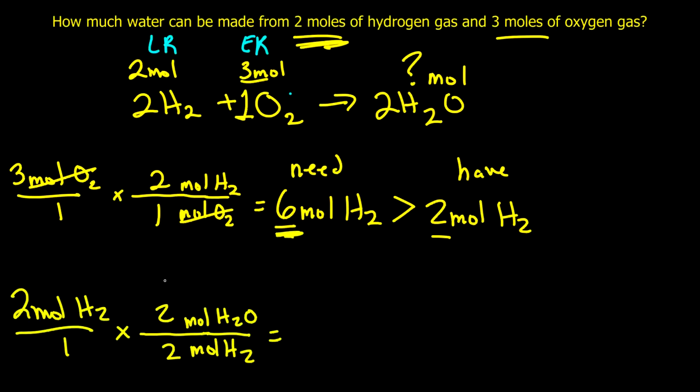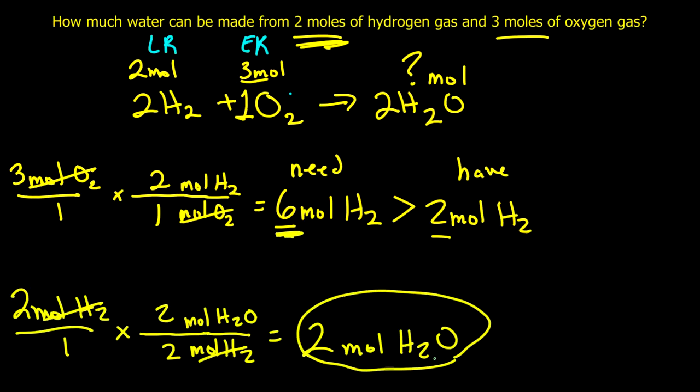So I got 2 times 2 divided by 2 gives me 2. 2 what though? Well, moles of H2 canceled out, leaving me with moles of water. So I got 2 moles of water that will be produced from 2 moles of hydrogen and 3 moles of oxygen. And that is limiting reactants.